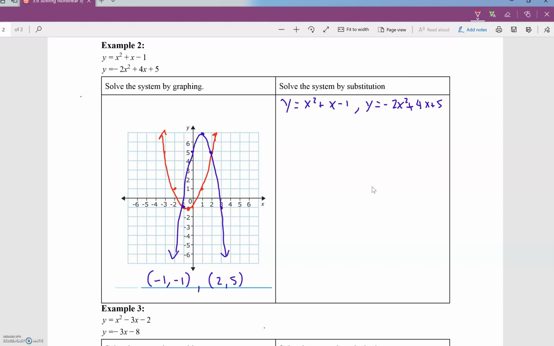Well, my equations are already solved for y, right? The y is already by itself. So I'm going to take this and replace the y in that second equation with what it is equal to. It's called substitution.